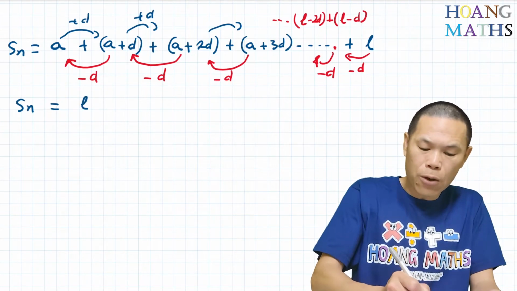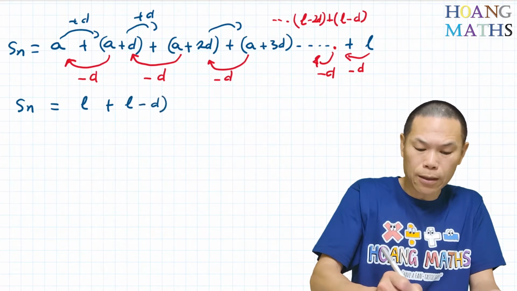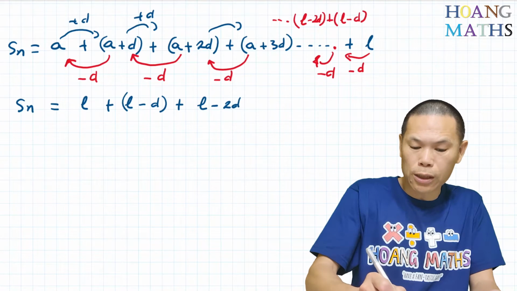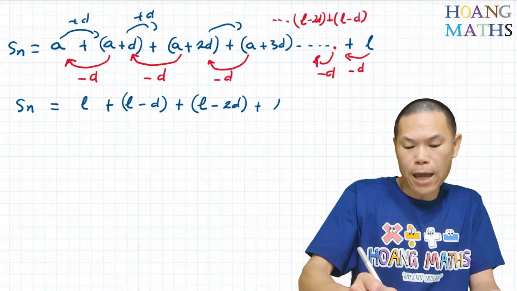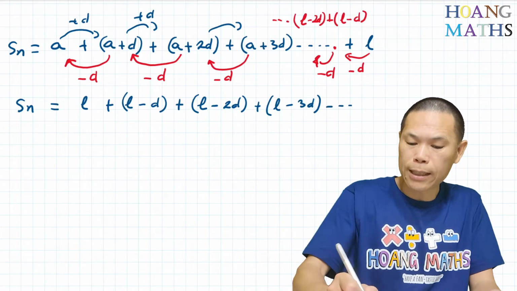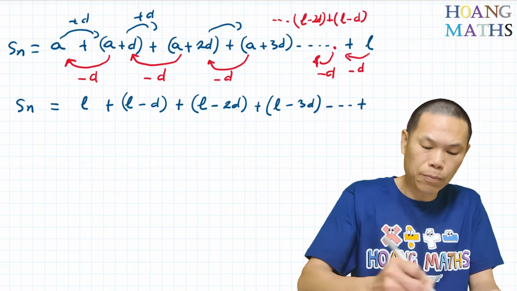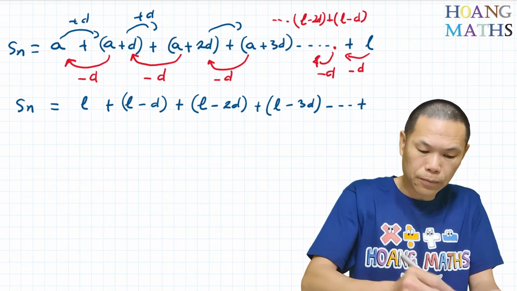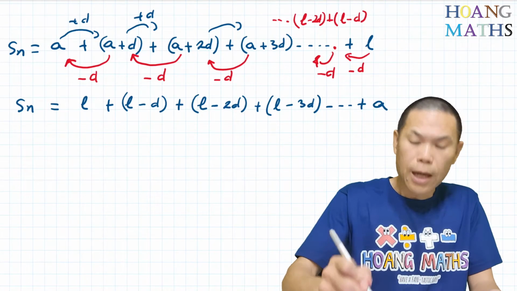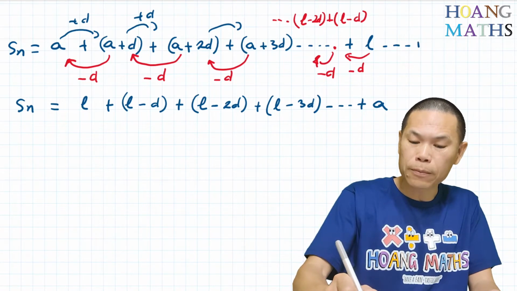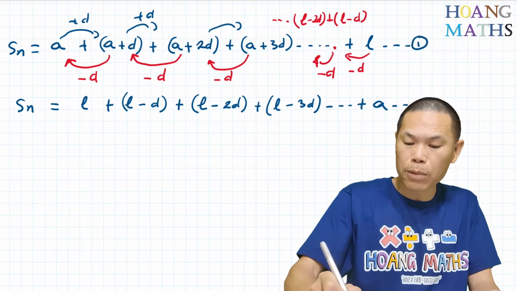We start from L, and then we add the previous term, L minus D, plus L minus 2D, plus L minus 3D, and so on. Let's say the last term is A. Don't forget, okay? So we go A. Now we have two equations.